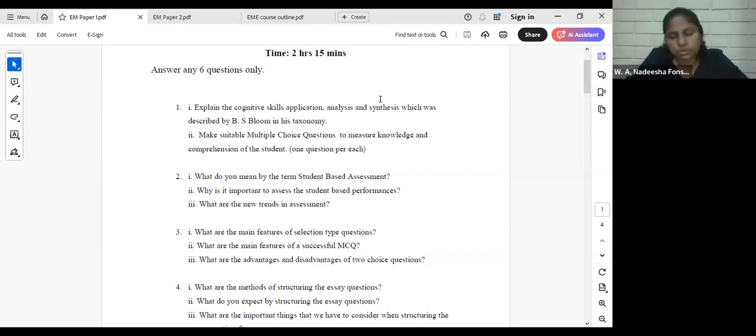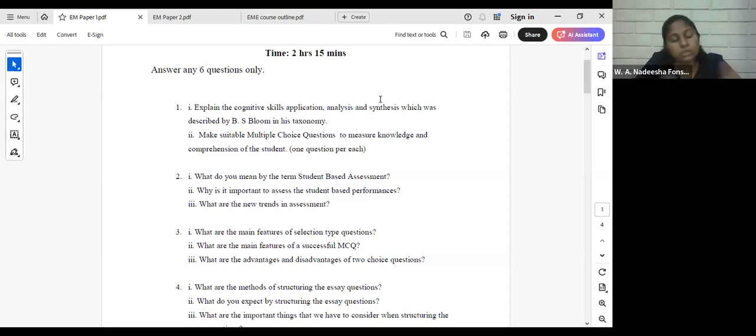Yes, to evaluate individuals' ability beyond cognitive skills. Otherwise, we can't measure their psychomotor skills.